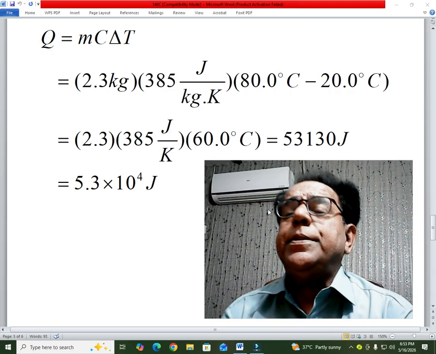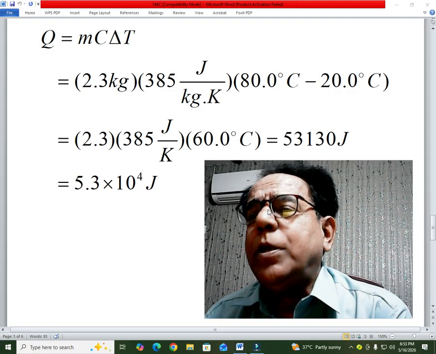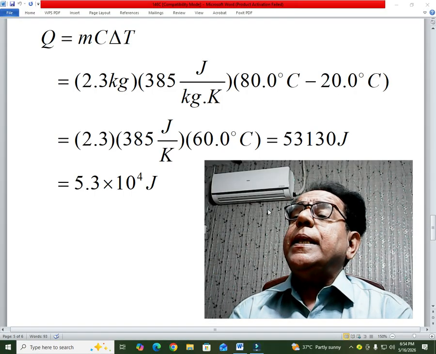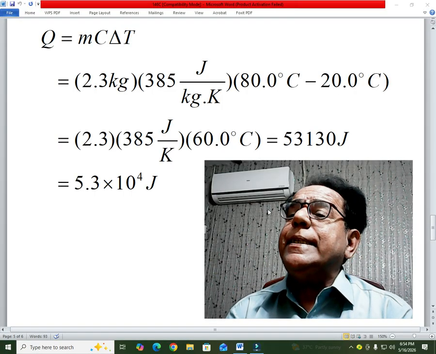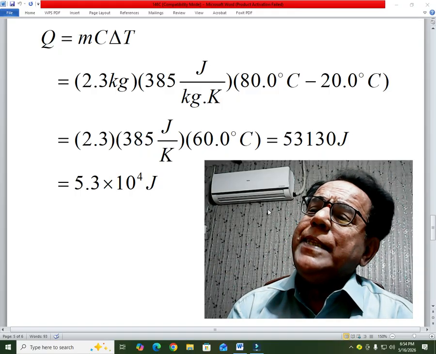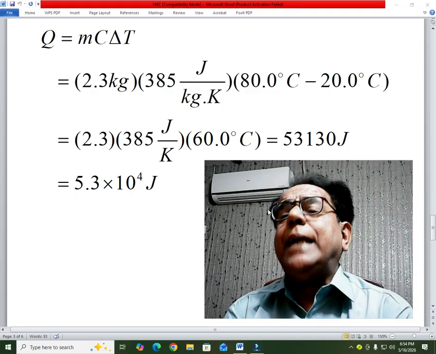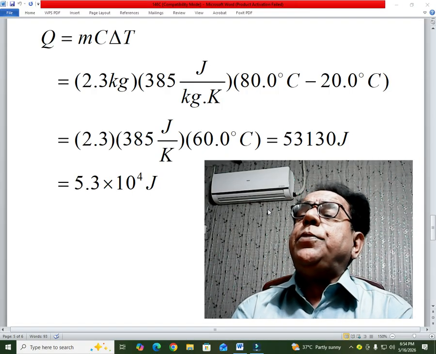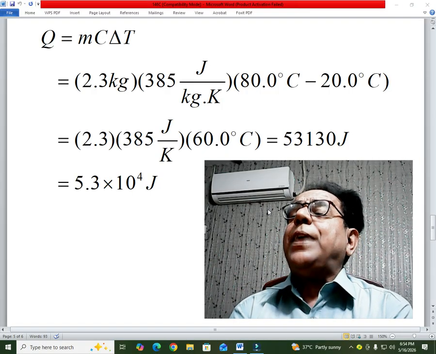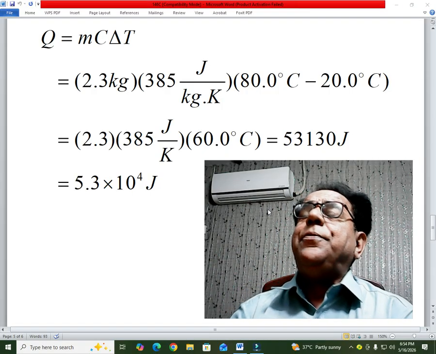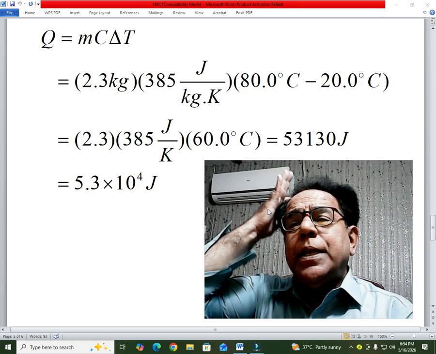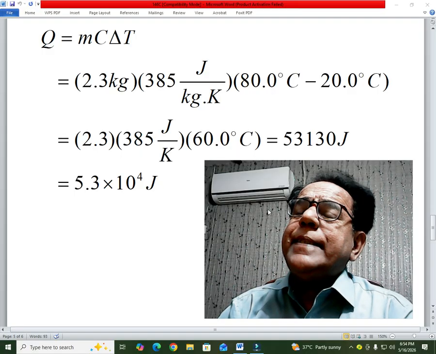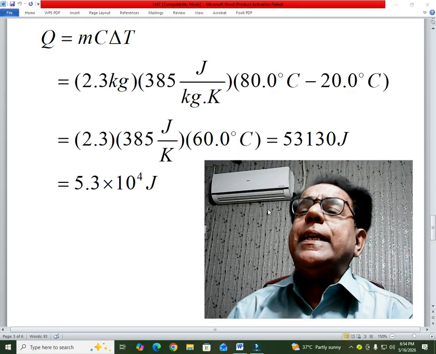Now, dear students, kilogram will be cancelled with the kilogram, and degree centigrade will be cancelled with the Kelvin, because we have already explained that in magnitude 1 Celsius, 1 centigrade and 1 Kelvin are equal, because here we are not going to convert Celsius scale into Kelvin scale.